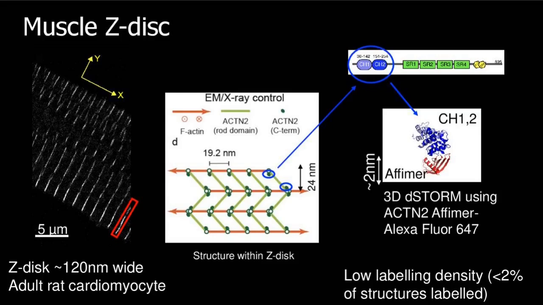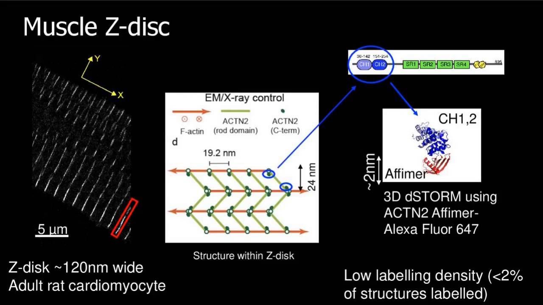So one of the proteins in the Z disc, of which there are about 50 that we know most about, is alpha-actinin 2, and it's a dimer that cross-links the actin filaments. So here are the actin filaments in red, here's the actinin in green, and here is the actin binding domain in the dark green there.